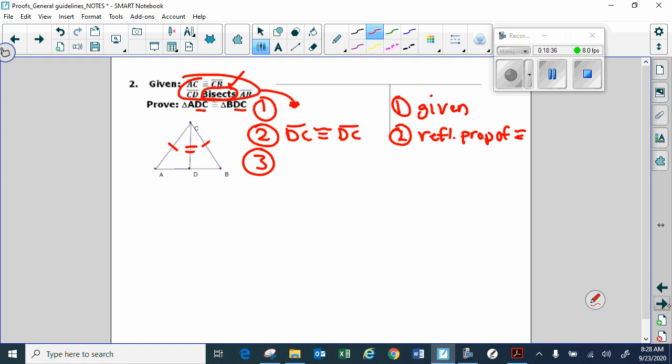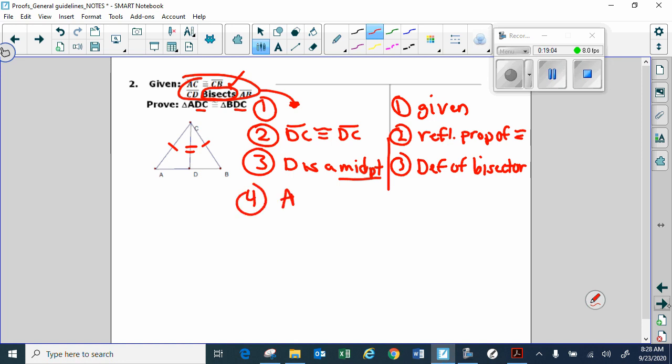So if it's that way, they would say D is a midpoint, and then that is by definition of bisector. Okay, now that I've said it's a midpoint, remember that's another vocab word. Now I'm going to use that definition of that vocab word to be able to say now segment AD is congruent to segment BD by definition of midpoint.